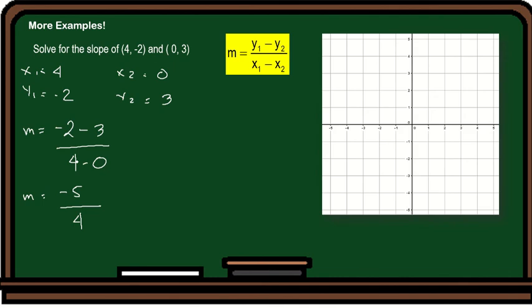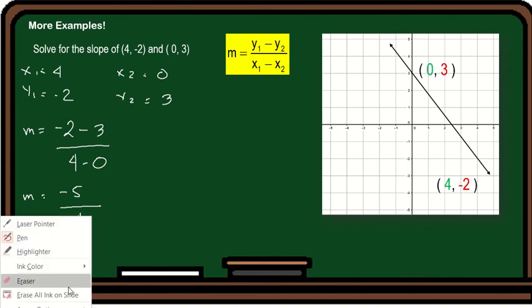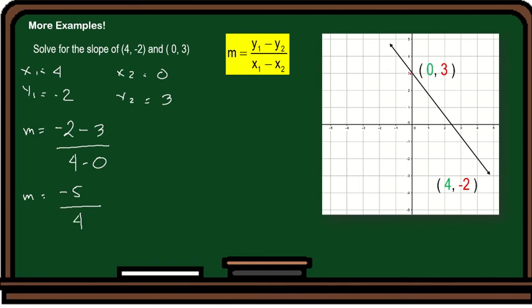So, let's graph this one again. So, yan ang point nyo. Okay. So, since negative ang inyong rise, so, ibig sabihin, galing ka sa taas, pababa. So, let's count. 1, 2, 3, 4, 5. Tama?